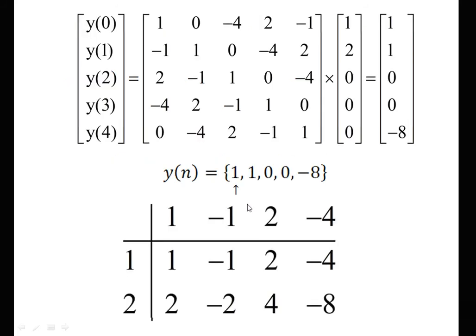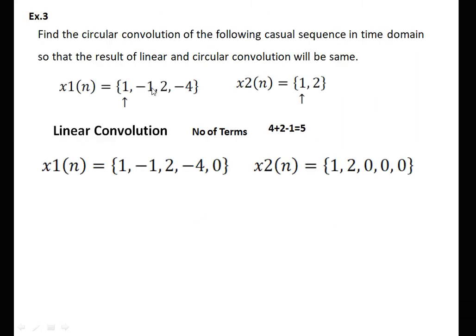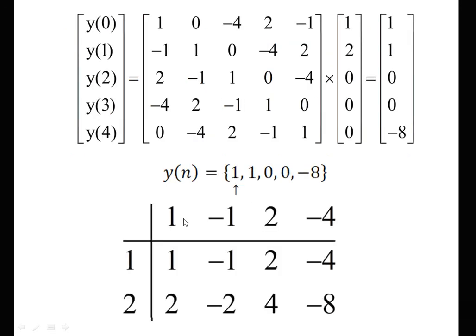After that, we can perform our traditional circular convolution by circulating one signal and keeping the second signal fixed. By this we get the output 1, 1, 0, 0, minus 8. We can cross check the answer with the linear convolution method also. The signals are 1, minus 1, 2, minus 4 and 1, 2. By this we get the same answer, that is 1, 1, 0, 0, minus 8.